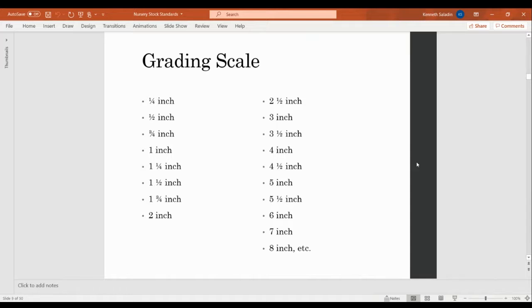So it goes from 2 to 2 1/2 to 3 to 3 1/2 to 4 to 4 1/2, 5, 5 1/2. And then when we get to the 6-inch caliper or diameter, then we go every inch. 6 inches, 7 inches, 8 inches, 9 inches, and so on. So what you're looking at is the grading scale for deciduous, shade, and flowering trees.